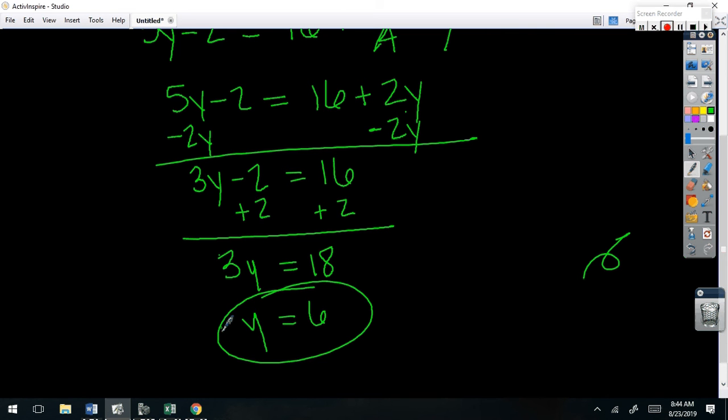All right, yes or no? Questions, comments, concerns, yes? Y'all said you hated fractions. Do y'all know how to multiply through to get rid of fractions? Like if I had 1/2 x plus 2/3 equals, I'm thinking 3/4, and I didn't want to deal with the fractions in that equation.